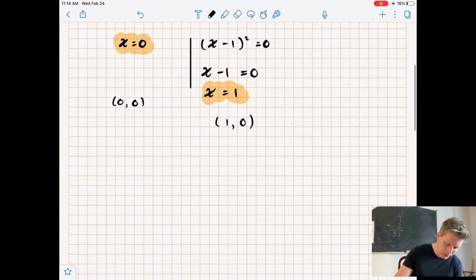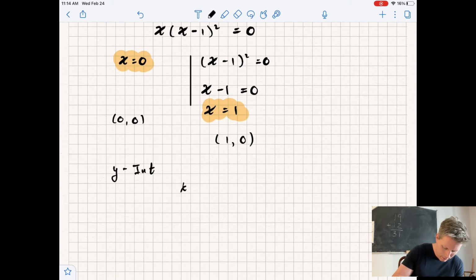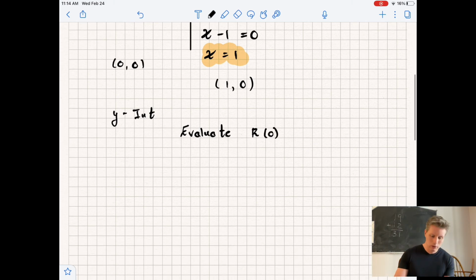All right, my y-intercept. In order to find that, I'm going to evaluate r of 0. Evaluate r of 0 to get my y-intercept.